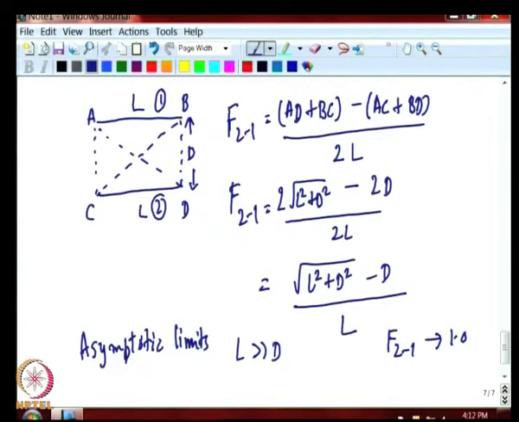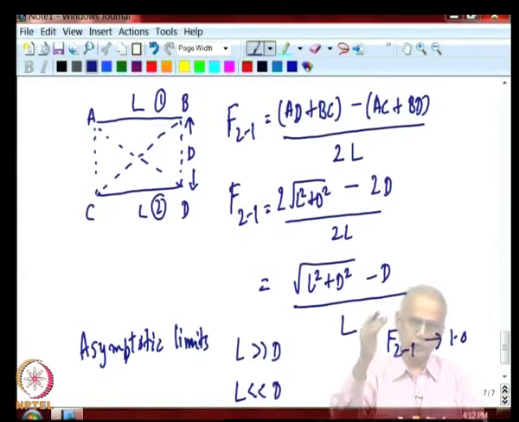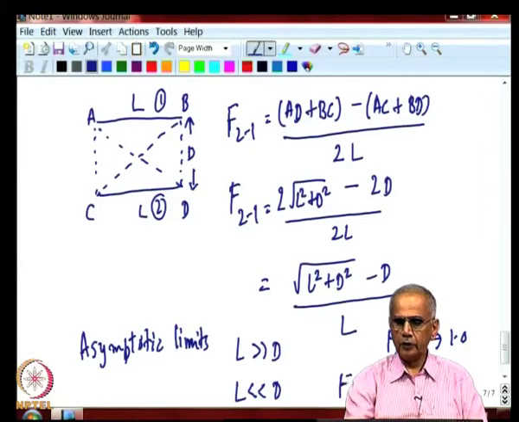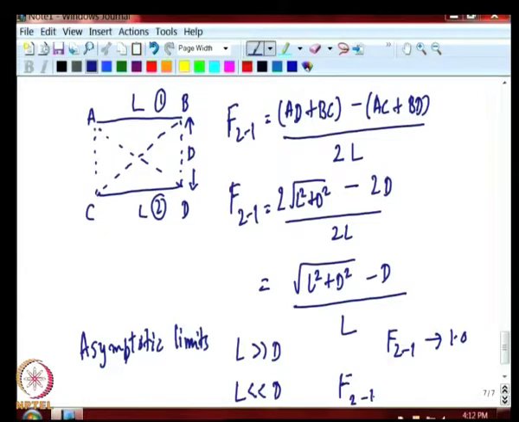And the other limit is, if L is very small compared to D, D is very large, the two plates are very far apart, then the chance of radiation from one plate ever reaching the other plate is very low, and in the asymptotic limit this value will tend to 0. Okay.